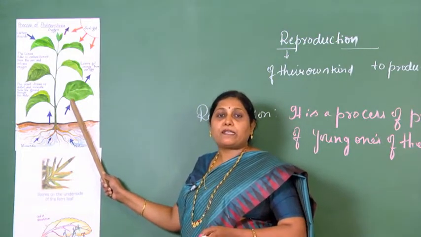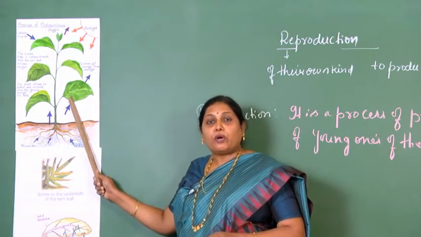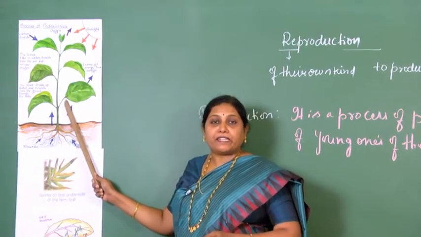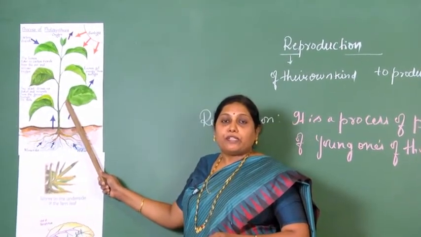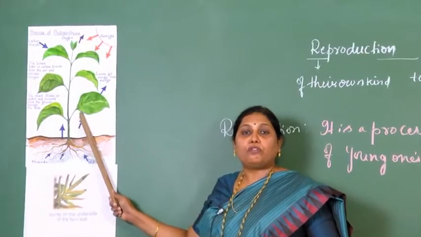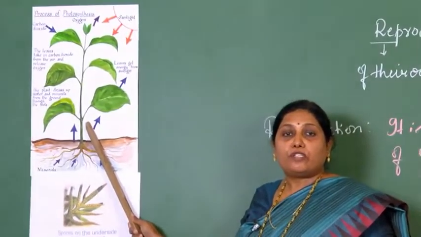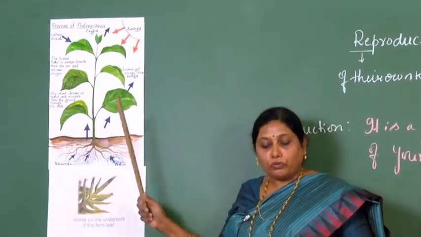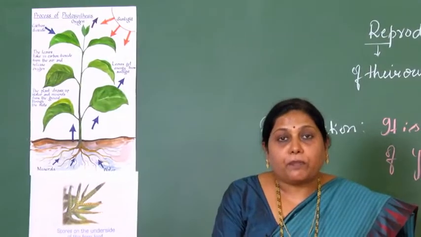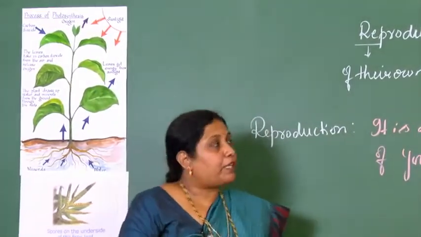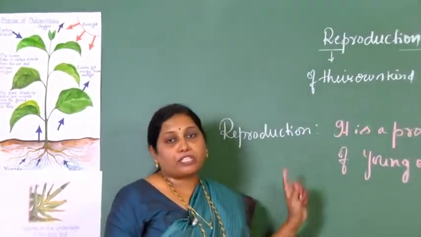So the plants are needed to meet all our demands. So there is a need to grow plants. So let us study how to grow plants. The plants can be grown by a process of reproduction.